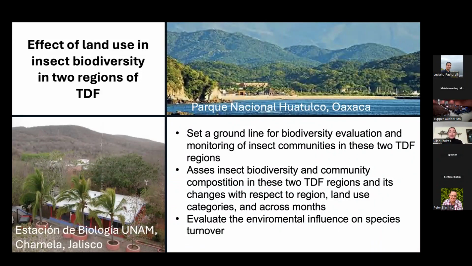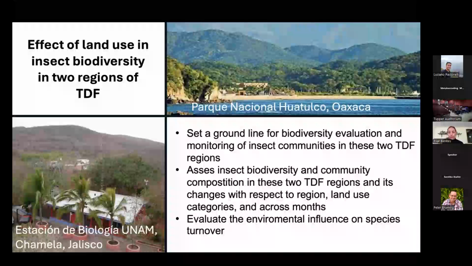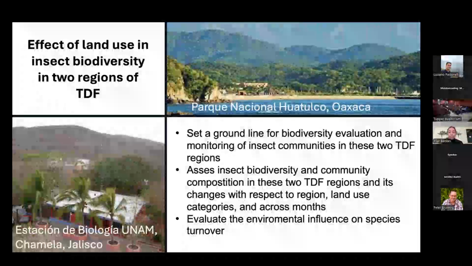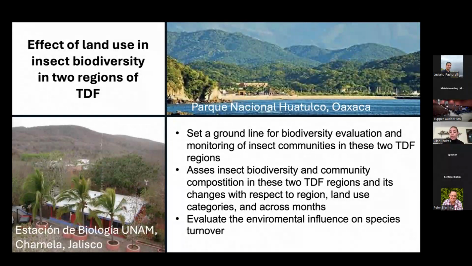Our aim was to set a baseline for biodiversity evaluation and monitoring of insect communities in these 2 regions, and assess insect biodiversity and community composition, and how this biodiversity changes with respect to region, land use categories, and across months. We also wanted to evaluate how environment influences species turnover.